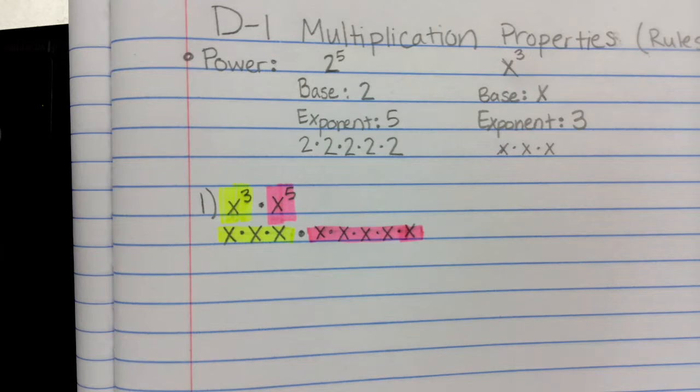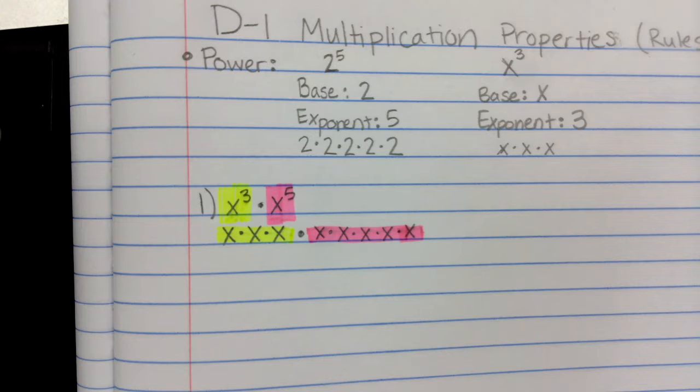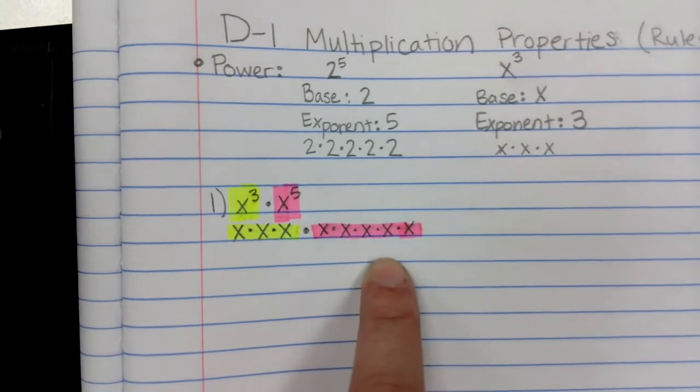Look at this though. Between the yellow and the pink, or between the yellow and the orange, or whatever colors you use. How many x's are we actually multiplying? 8.